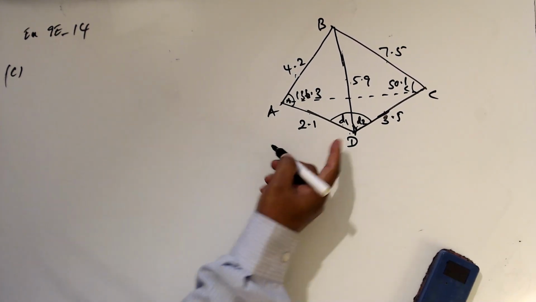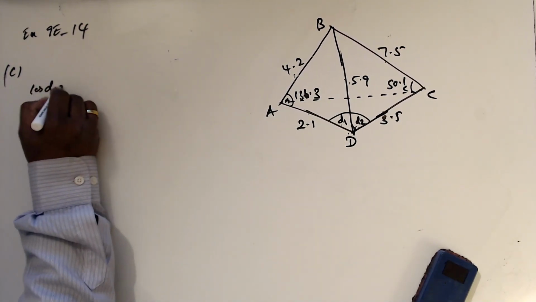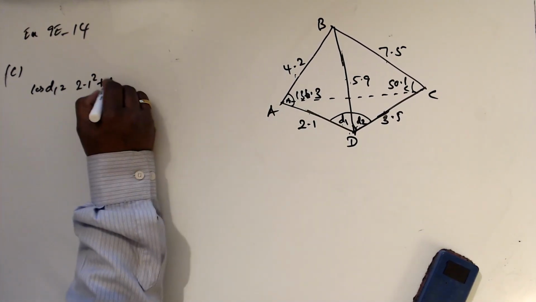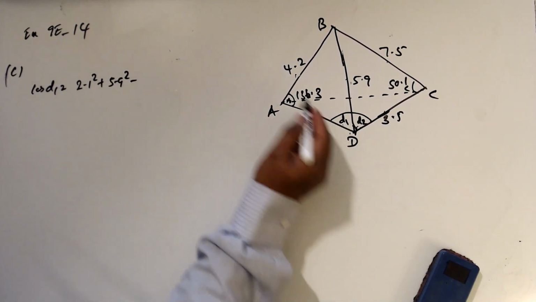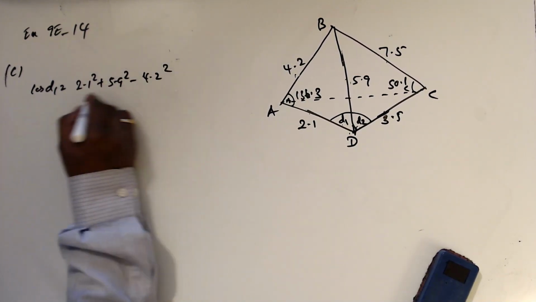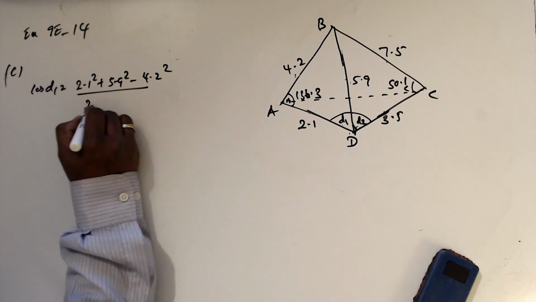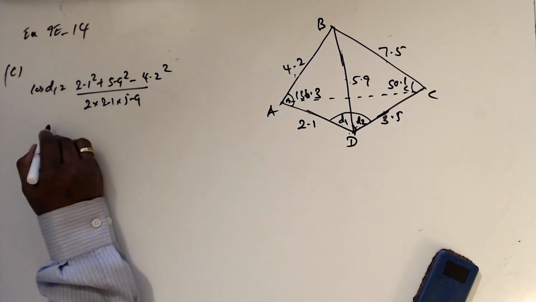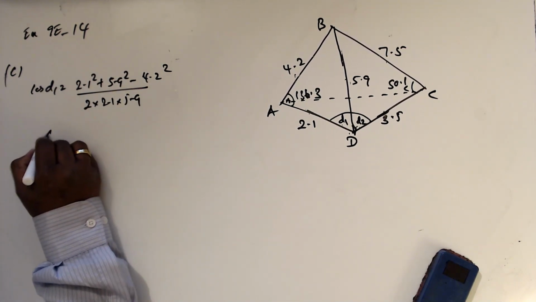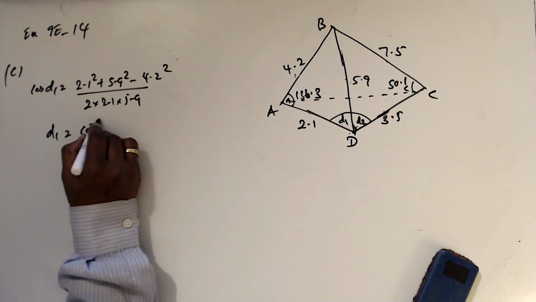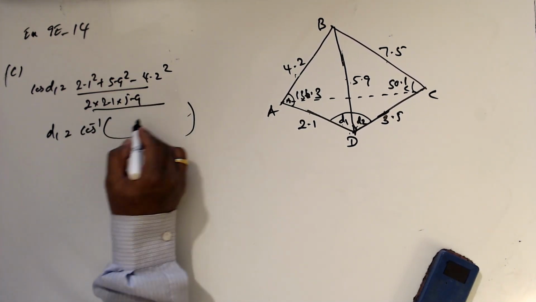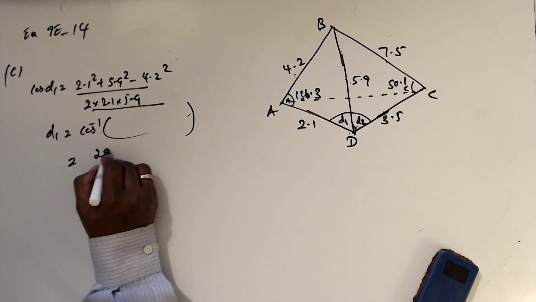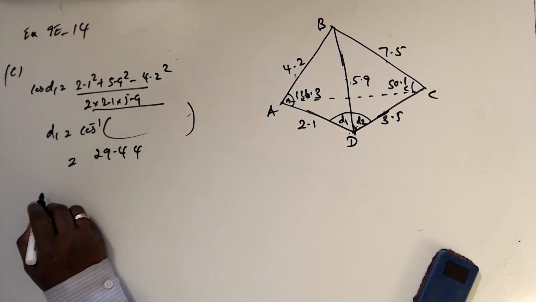So now I can write d1 cos d1 equal 2.1 square plus 5.9 square minus 4.2 square divided by 2 times 2.1, 5.9. Then d1 equal cos inverse this expression. So d1 is going to be roughly about 29.44.